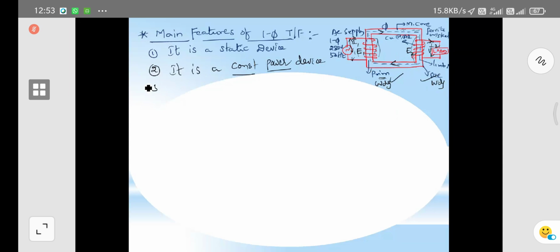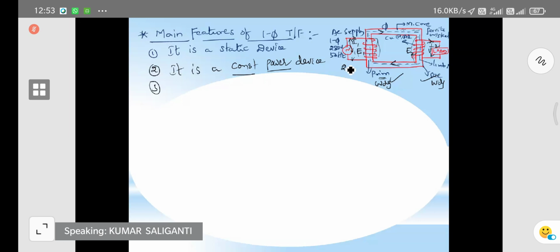So coming to the third point here. Otherwise, I will give you an example. Suppose you take the primary side and the secondary side. On the primary side the voltage is 2000 volts and the current is 10 amps.